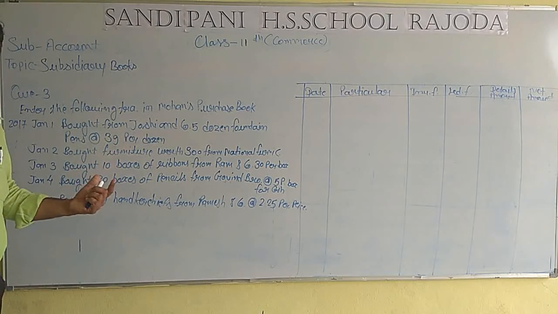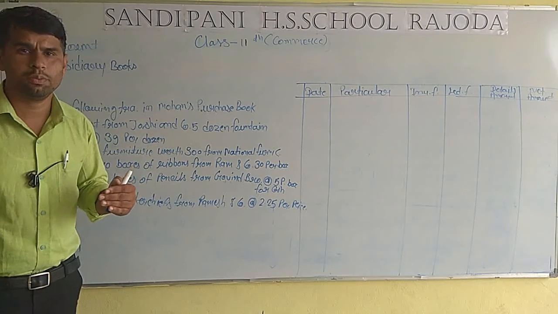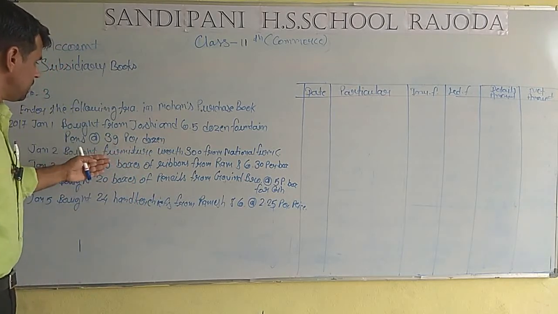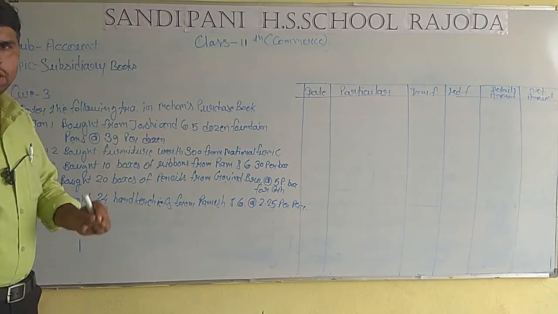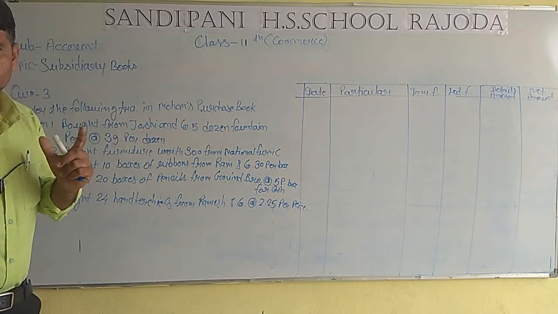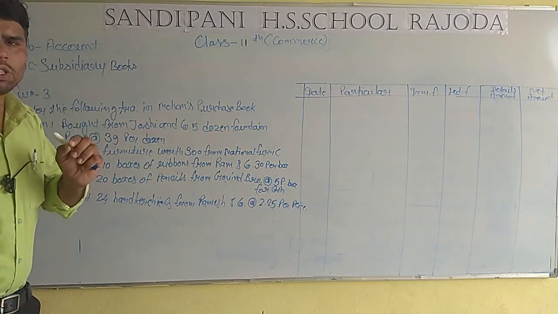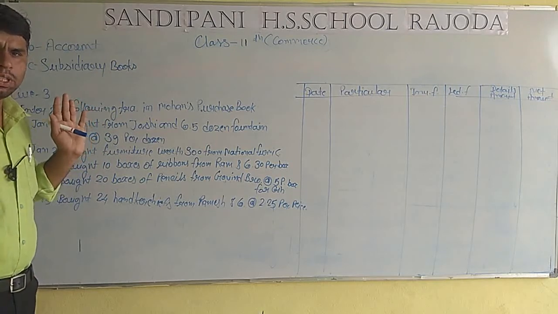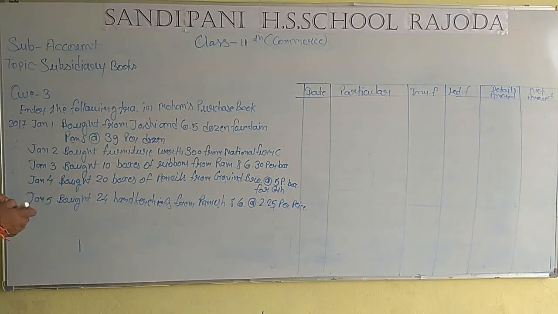We will not write asset transactions; here an asset is purchased, so we will not write it in the purchase book. We can write only credit purchase of goods. You have to remember this point. Credit purchase of goods we will write in the purchase book only. So this transaction we will not write.